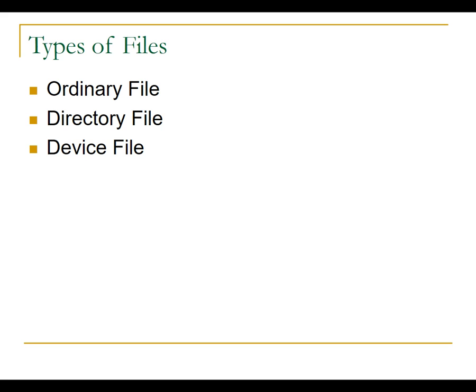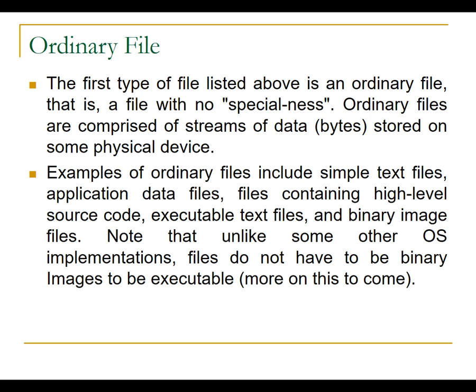This question is very important for the university examination. The question may be asked like this: what is a file, and explain the different types of file, for 5 marks. So you have to write all these theories which you can see on the screen as relevant to the given question.